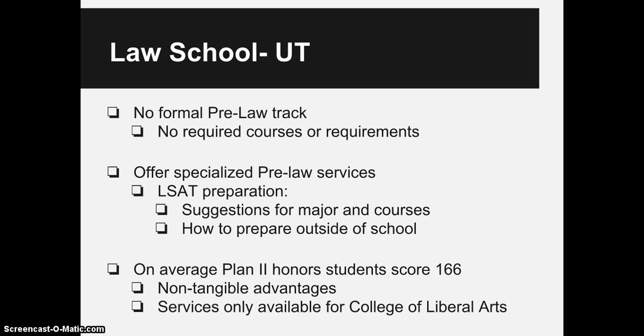On average, Plan 2 students score a 166 on the LSAT, which is very much above the national average of 152. And since UT does have its own law school, there are non-tangible advantages of going there, such as interactions with the law professors, perhaps. The one problem or main caveat of this is that the services are limited to the College of Liberal Arts.